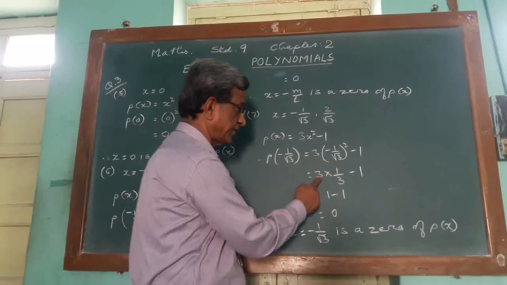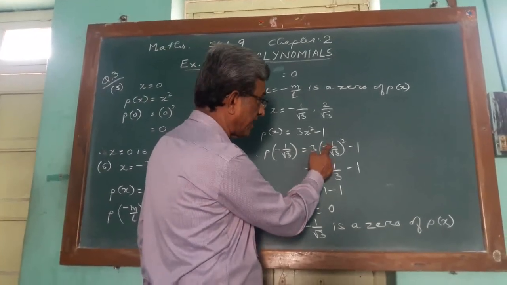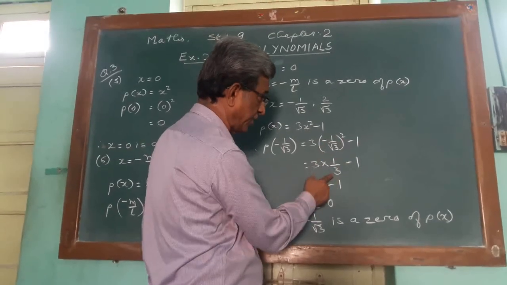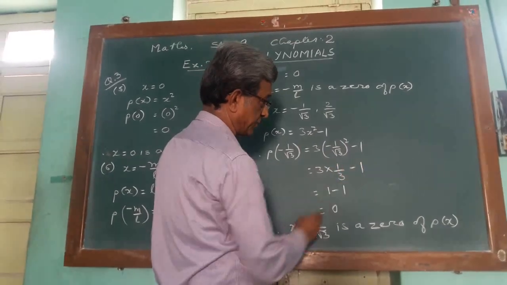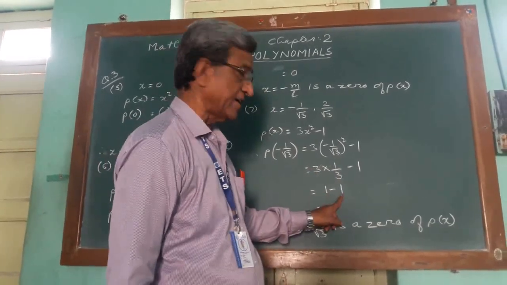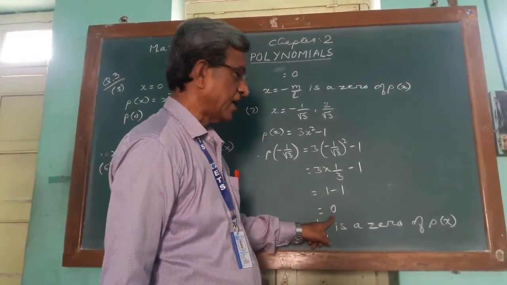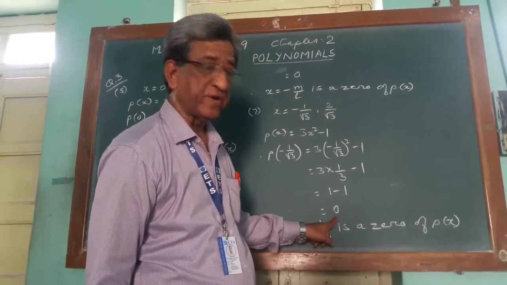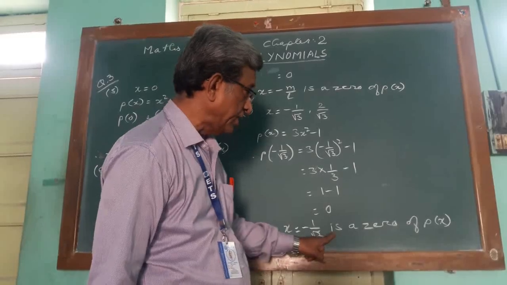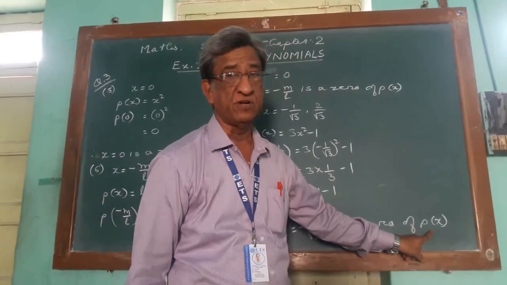So 3 as it is, square of 1 is 1, square of minus root 3 is 3. This 1 as it is, this 3 will cancel. You will get 1 minus 1, that is 0. Again you get the answer 0, so you can say that x is equal to minus 1 upon root 3 is a 0 of the given polynomial.